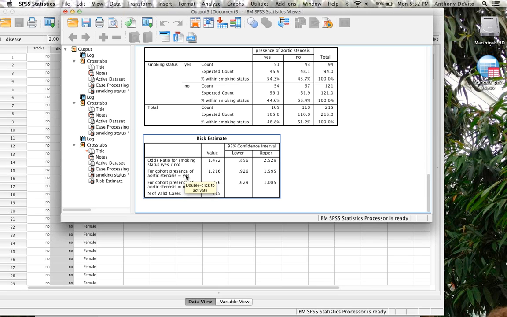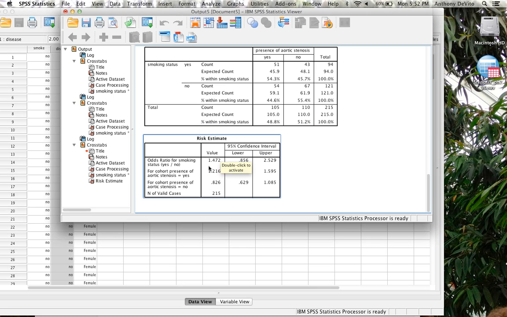Well, gee, that's very interesting, isn't it? That is the result of that. Risk estimate for cohort presence of aortic stenosis equals yes. This is my relative risk right here. You could calculate it with a calculator if you're not sure. And 54.3 divided by 44.6 is going to come out to 1.216. If you don't remember which one it is, that's going to be your relative risk.